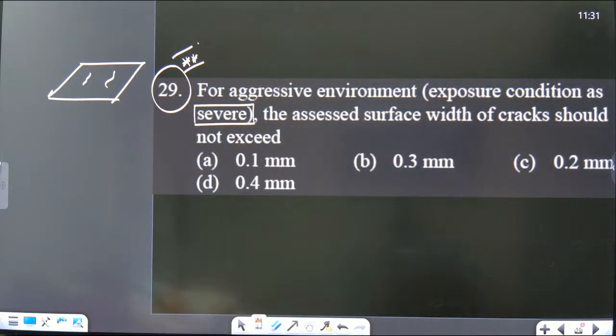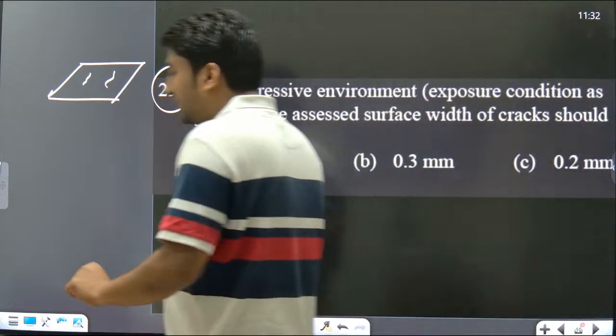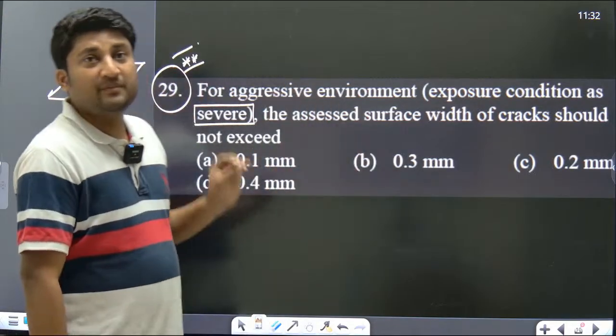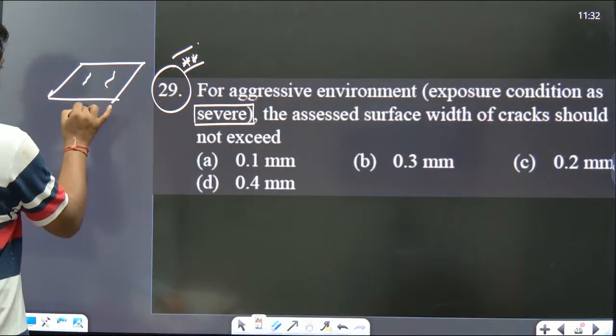This is a very good question. The correct answer is, in case of aggressive environment, the maximum crack width should not exceed 0.1 mm.